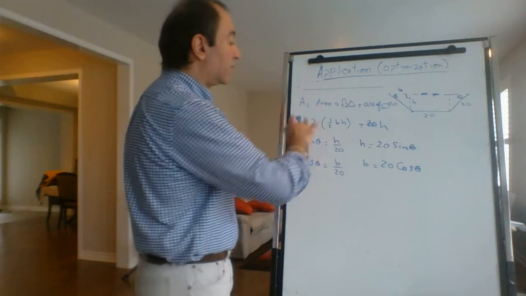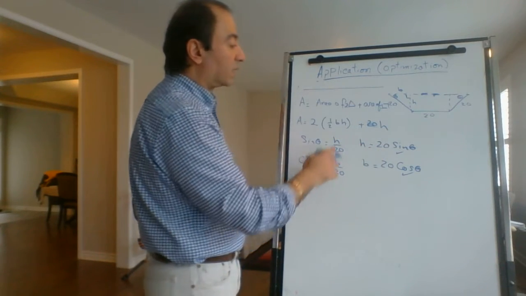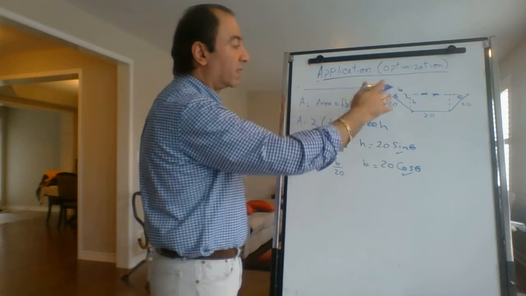Now we can rewrite this equation in terms of theta, and we find the derivative and make it equal 0, find the angle and maximize.